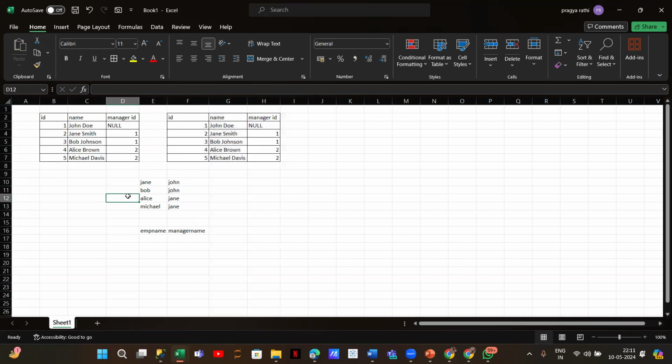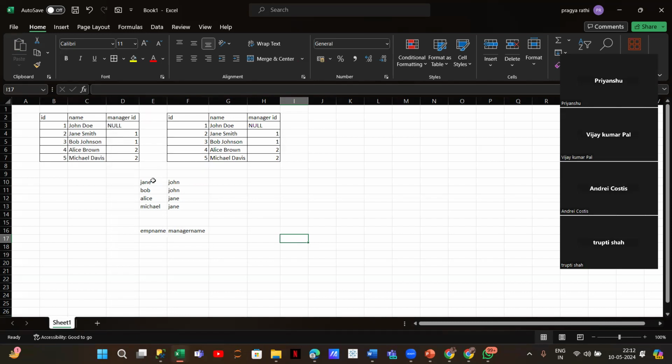You can see that ID and manager ID are interconnected, right? ID is related to manager ID, which is related to IDs, right? Yes. So how can we get this data? If I join the same table together.